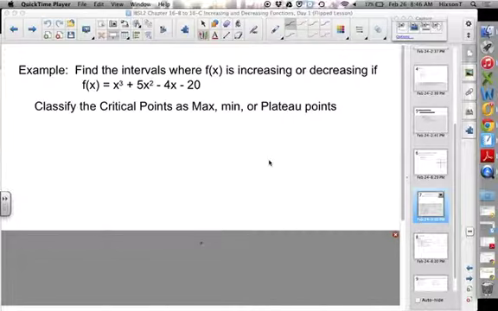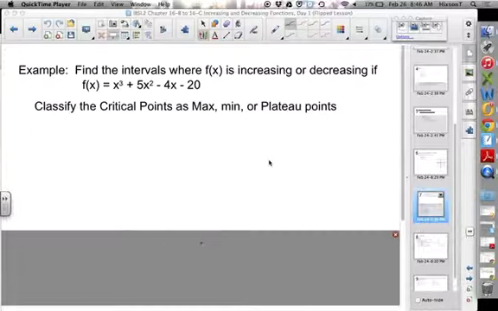Now, you'll notice here, with our function, we have a cubic. And what have we done in the past trying to sketch some of these functions? Maybe look at the function, leading coefficient, and see where it goes up and down. Okay, good. This has an odd degree, it's a cubic, and we have a positive leading coefficient.